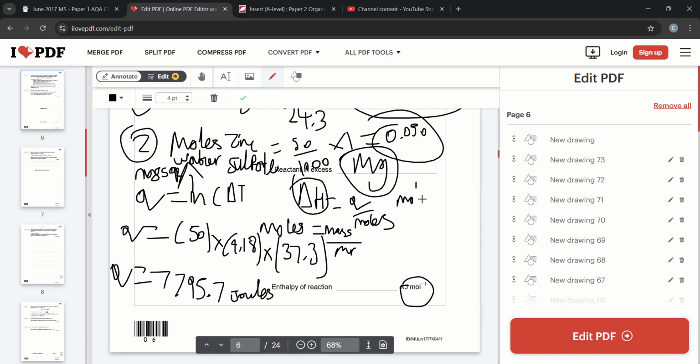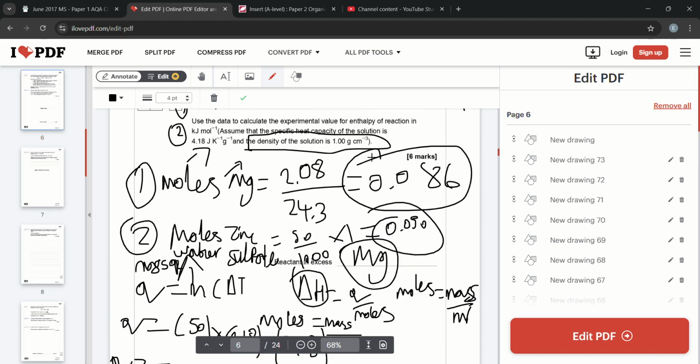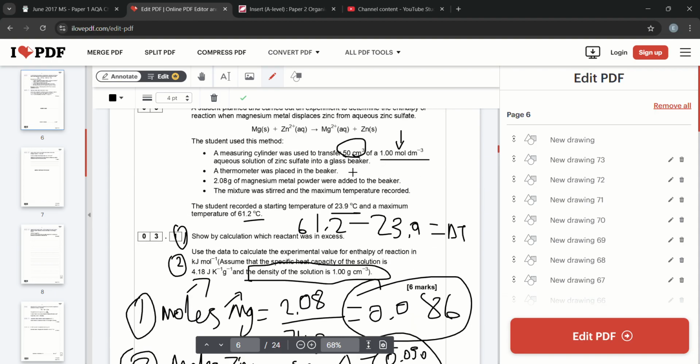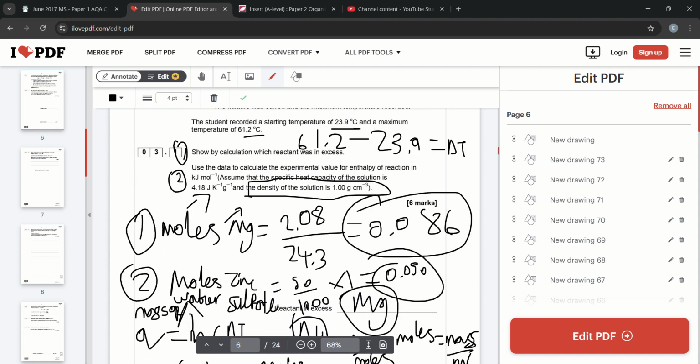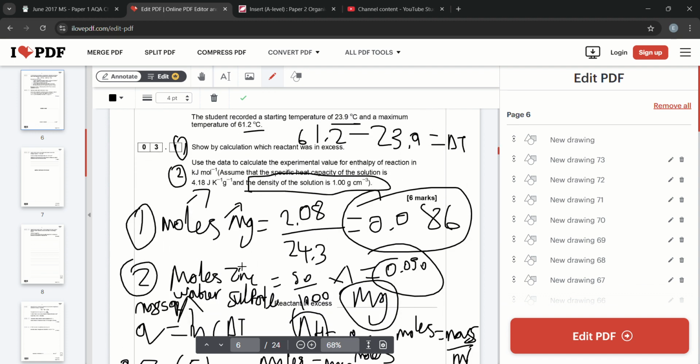So moles equals mass over Mr, or moles equals concentration times volume. But we already found out the moles in the first part, the moles of magnesium and the moles of zinc sulfate.